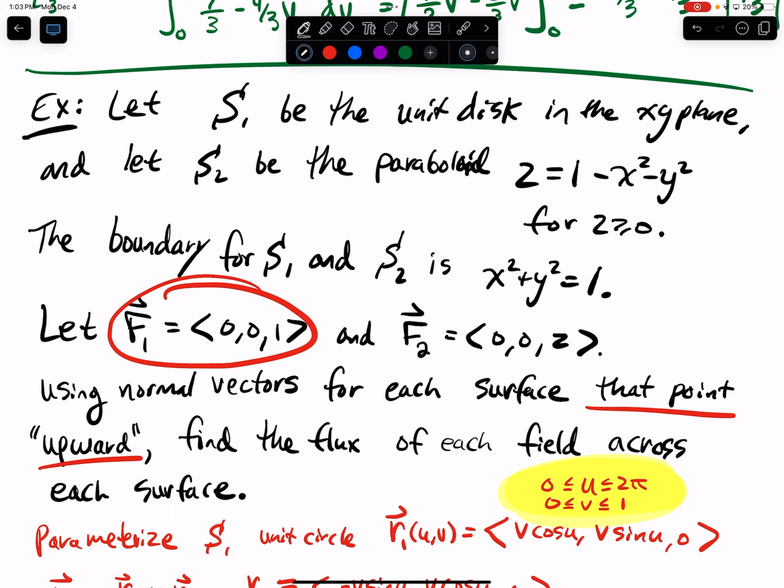So it's the same thing. It calculates out to be the exact same calculation when you're looking at flux. Which is kind of crazy. All right, you would think that it would be more because there's more surface area, but it's not. Okay, it's the same.